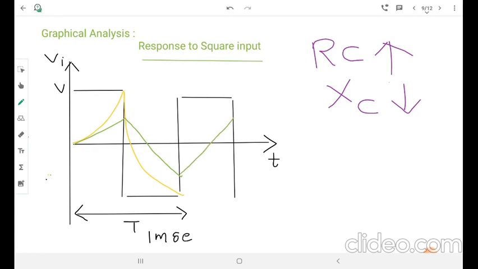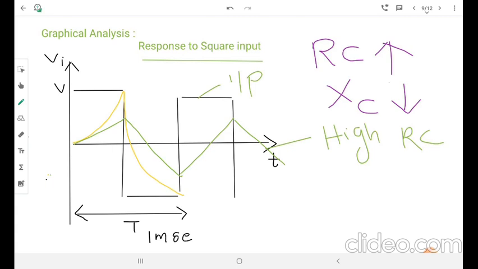So from this square input we are getting a triangular waveform for high RC. This is our square input. The green color waveform, that's our output, the triangular waveform.